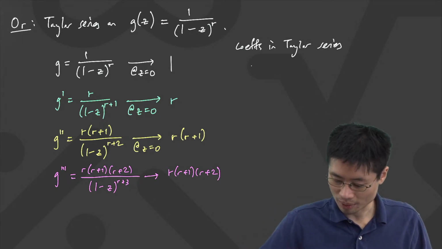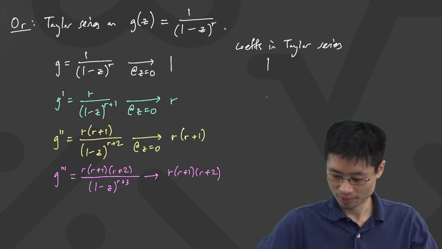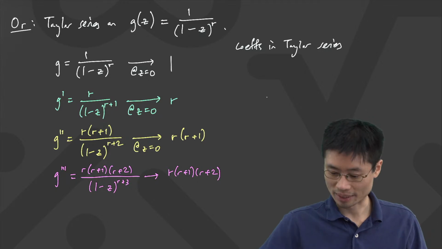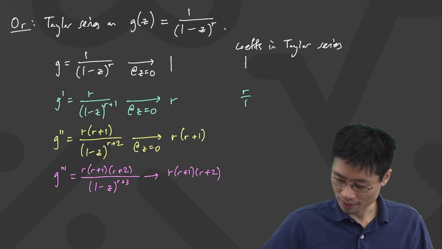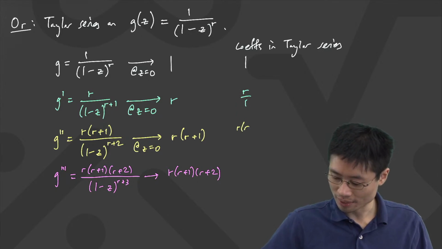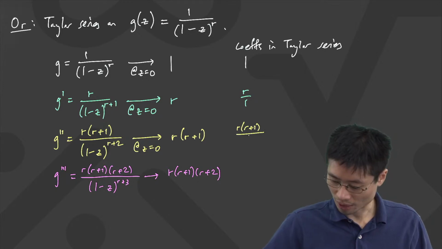So this will just be 1. This will be r over 1. This will be r times r plus 1 all over 2, right? Because it's 2 factorial.